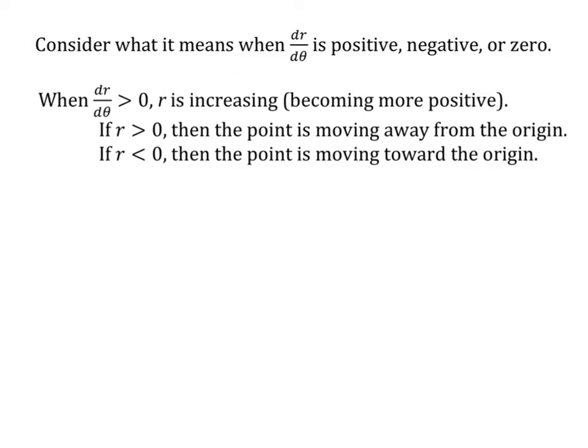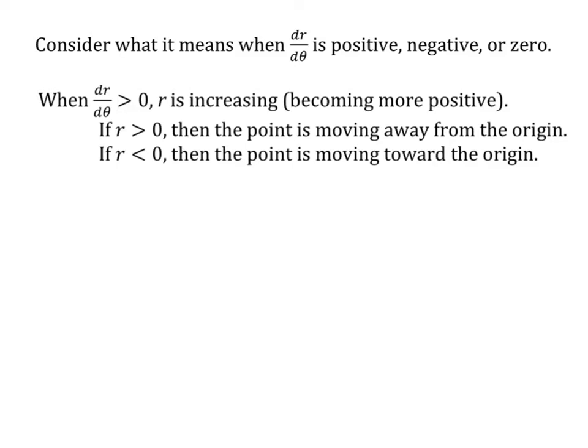In a similar vein, if your radius is already negative, then becoming more positive means you're being drawn towards the origin. Your radius is getting closer to being 0, which means you're getting closer to the origin. That's effectively what happens when dr d theta is positive.